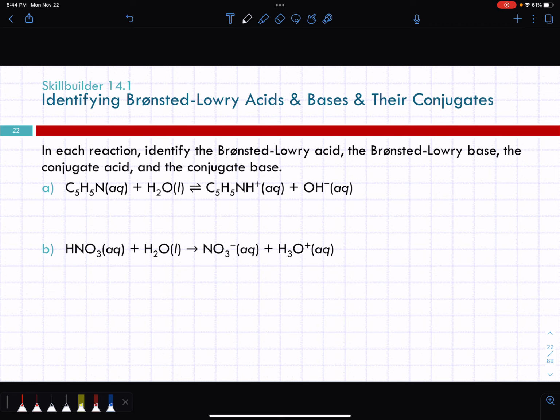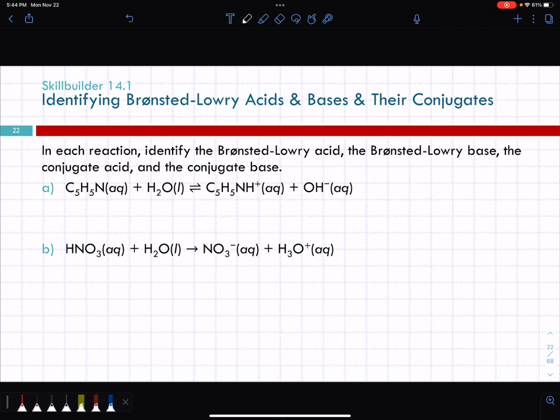So for A, which of these is the acid? H2O.